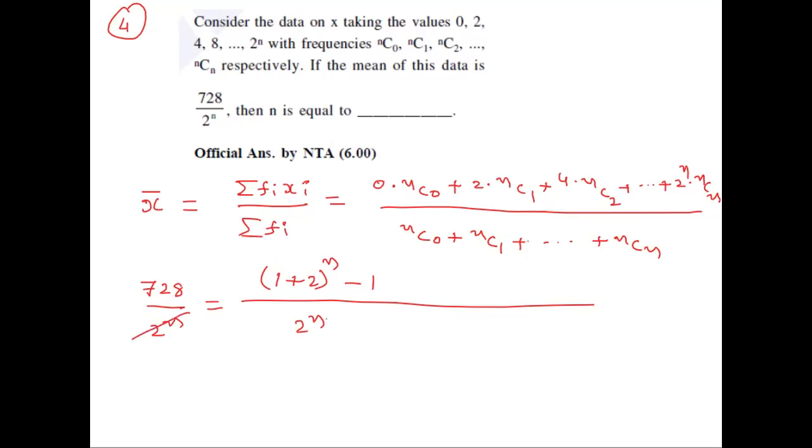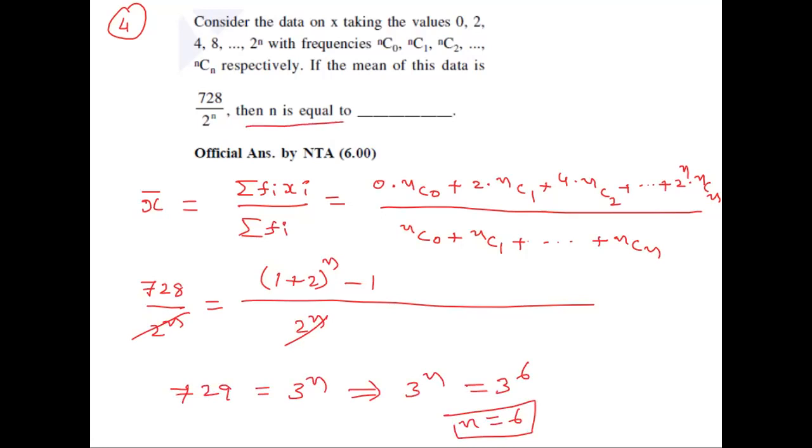Now 2 power n cancels. 729 is equal to 3 power n. 3 power n is equal to 729 means that is 3 power 6. So the n value is 6. So here the mean of this data, 728 by 2 power n, is given. They are asking for the n value. We got 6 and the official NTA answer is also 6. Students, have all of you understood now? These 4 questions are very easy.